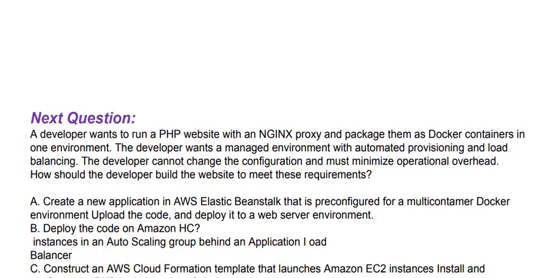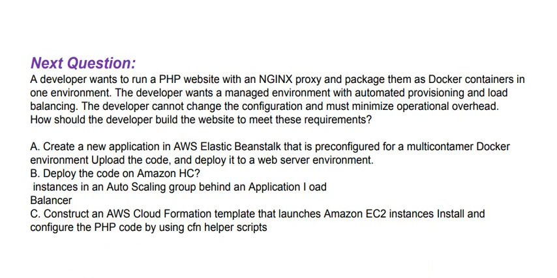Next question is, a developer wants to run a PHP website with an NGINX proxy and package them as Docker containers in one environment. The developer wants a managed environment with automated provisioning and load balancing. The developer cannot change the configuration and must minimize operational overhead.